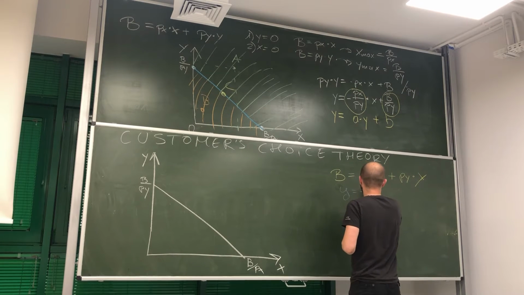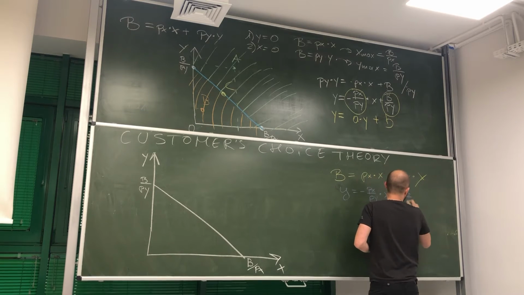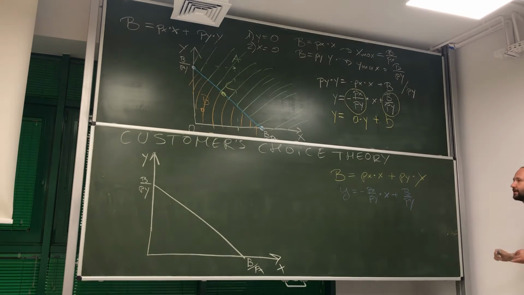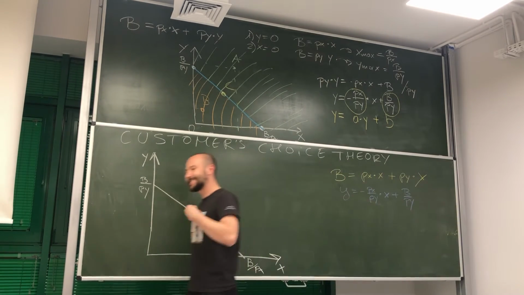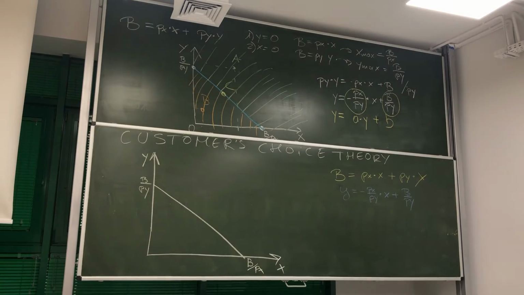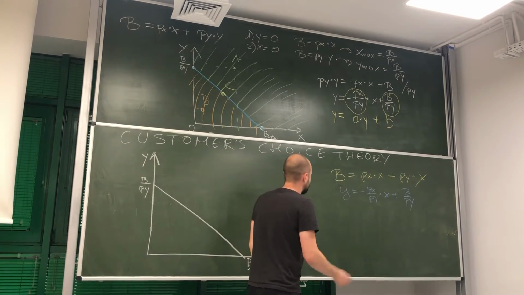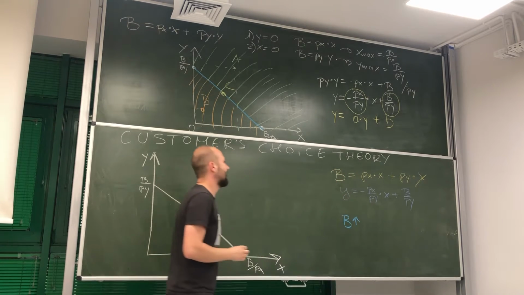Y equals negative px over py times x plus b over py. And look, what we are going to do now is that we're going to examine what happens if something changes here. And let's say first budget goes up.